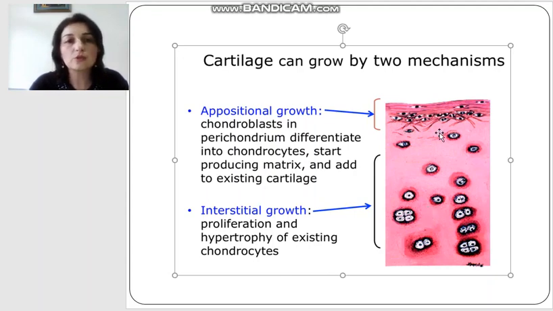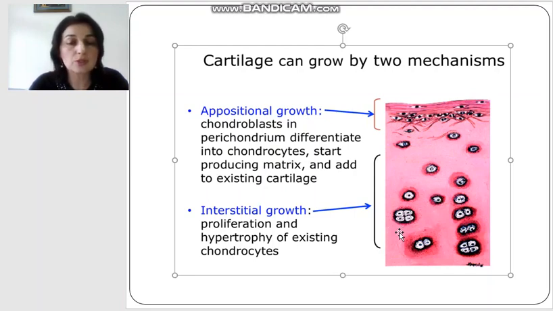About the cartilage formation, there are 2 types of growth of cartilage: the appositional growth from the perichondrium and the interstitial growth. Interstitial growth means the division of the chondrocytes inside of the isogenic groups. Then the isogenic groups will subdivide into 2-3 compartments, and the cells will push away from each other, separate from each other, and they will form new isogenic groups.